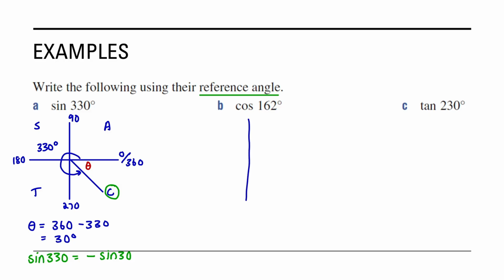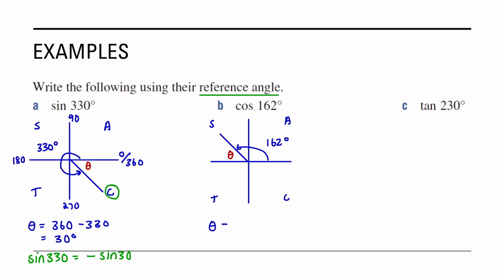Then here, I'm going to look at cos 162 degrees. If I think about 162, I'm going to this angle here. Here, I've got 162 degrees, and I'm looking for the reference angle, the angle made with the horizontal line.